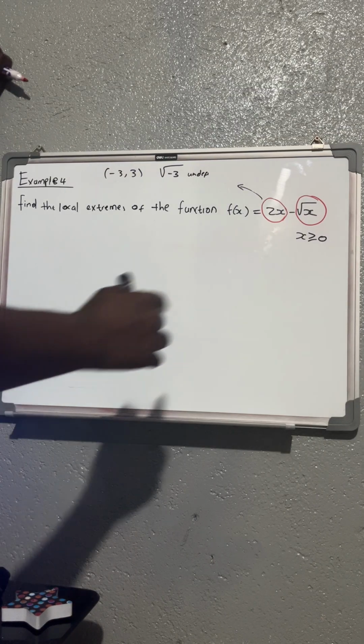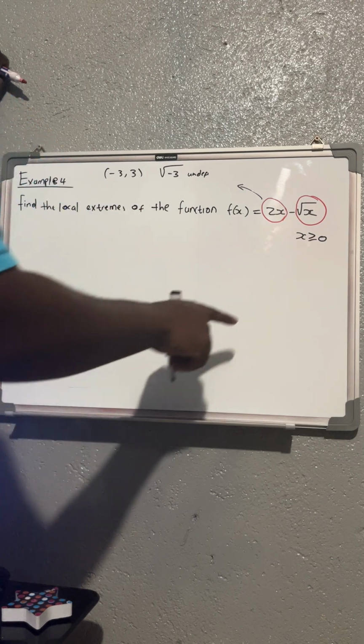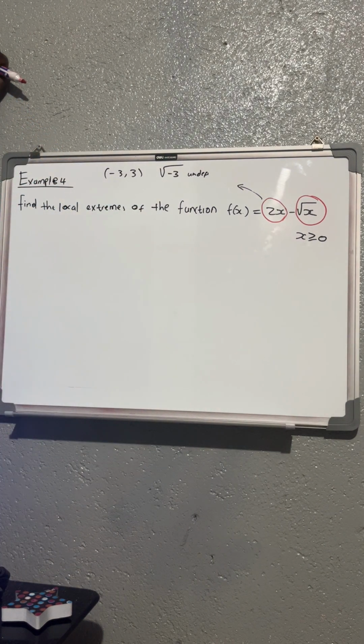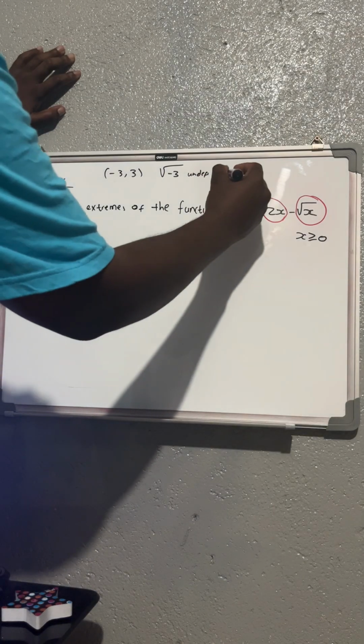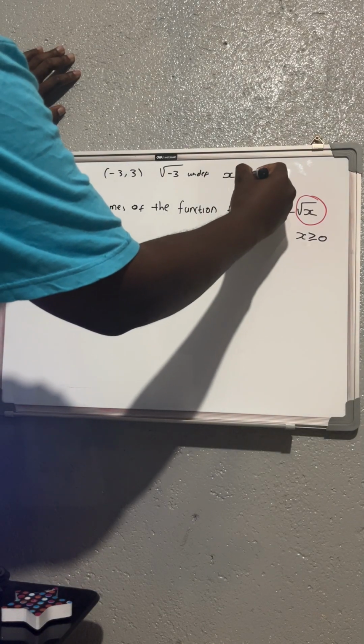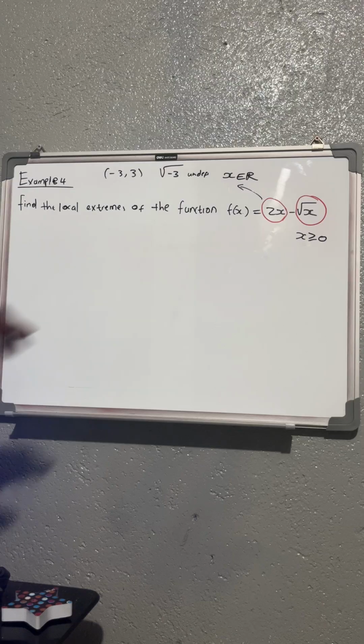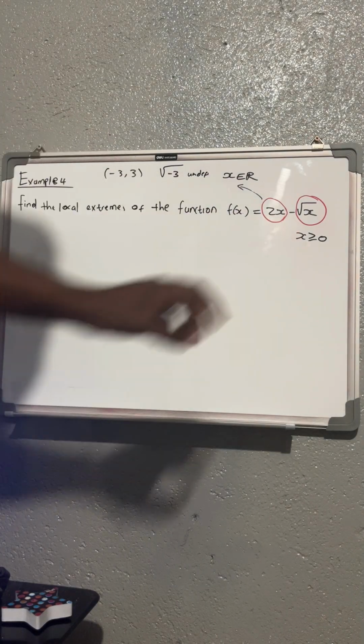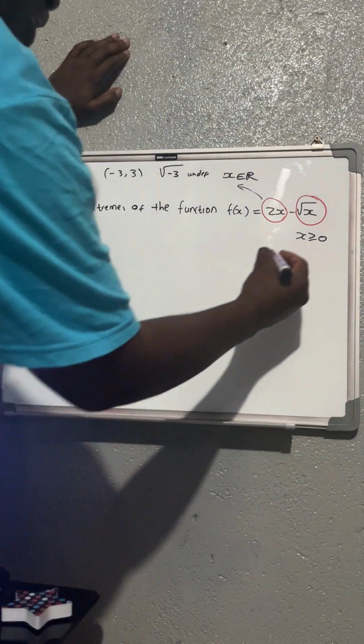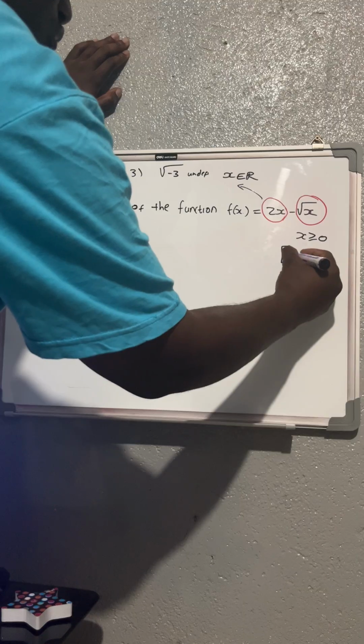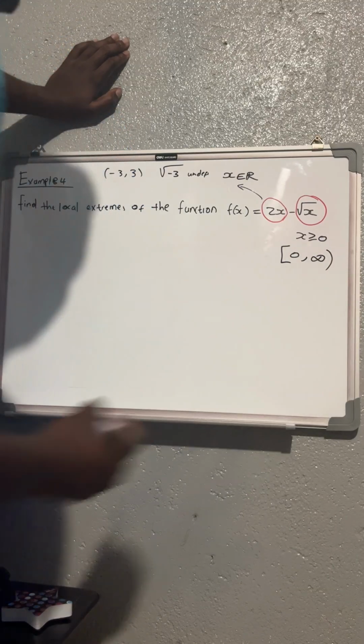Since this one is greater than or equal to 0, we also have to work out this one. We said all the answers give you a positive or a negative output, so we can just say x is an element of all real numbers. This one supports all the values on the number line, but this one doesn't. This one strictly starts at 0 and includes 0 up to positive infinity.